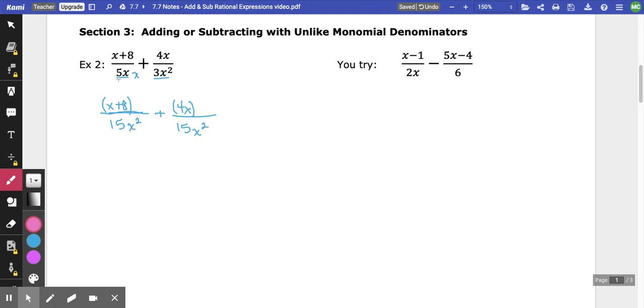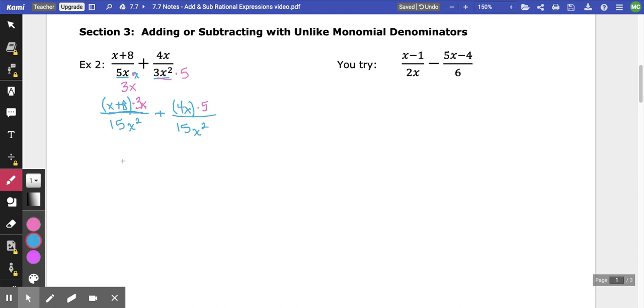So to get a 15x squared from a 5x, we would have had to multiply by 3 and x. So I have to do the same to the numerator on that one. I have to multiply it by 3x. For the second one, to turn that 3x squared into that 15x squared, least common denominator, I'd have to multiply by 5. So I have to do the same thing to its numerator.